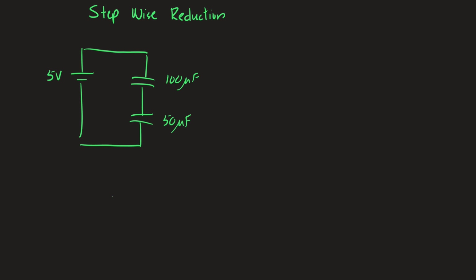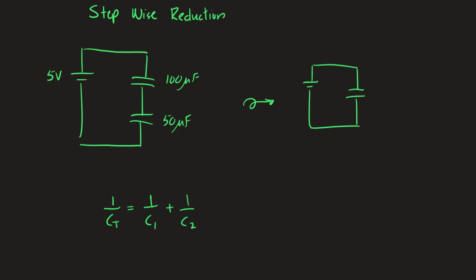We're going to use the result of Kirchhoff's laws and apply it in maybe a way that wasn't intended to do what's called stepwise reduction. What we're going to do is we're going to take our circuit and we're going to reduce it to a simpler circuit. One in which we take our 2 capacitors that are in series and replace it with an equivalent capacitance.